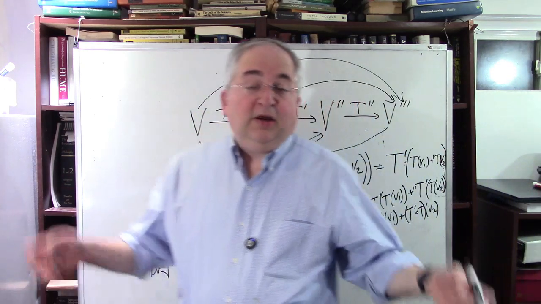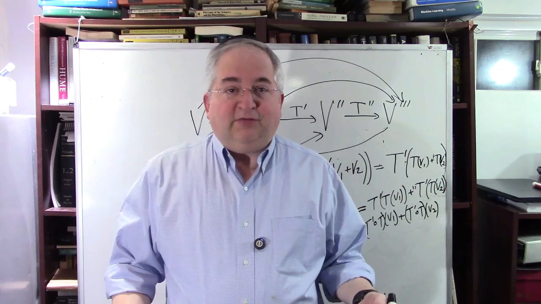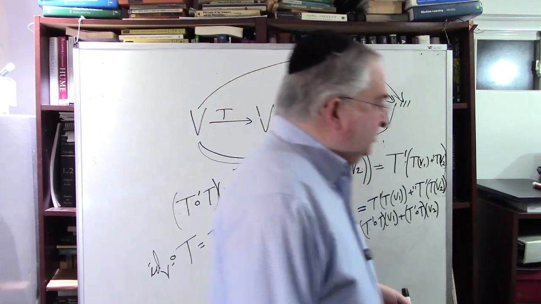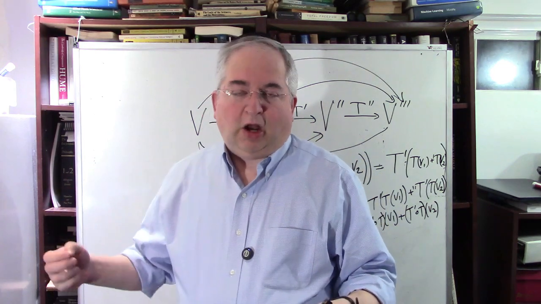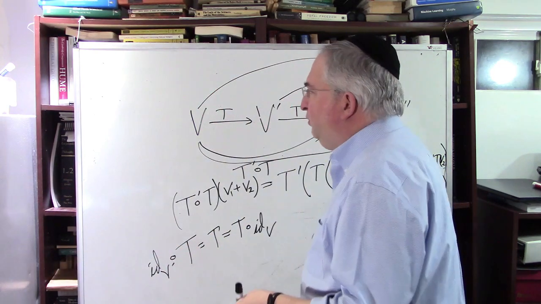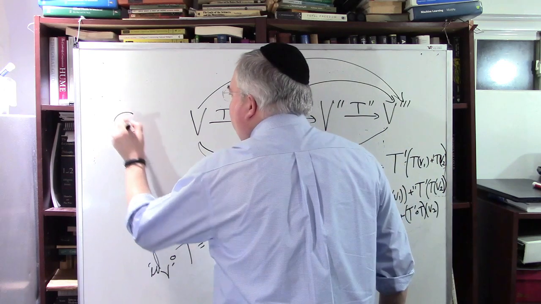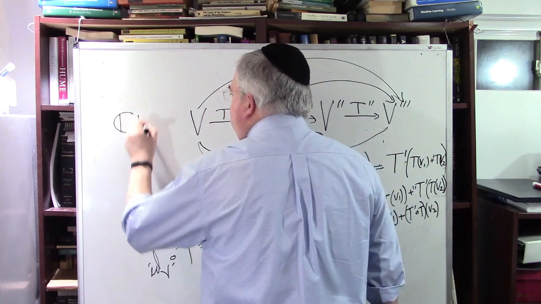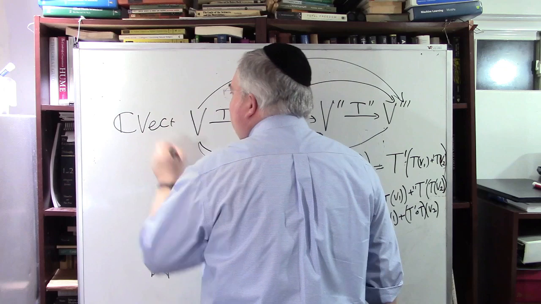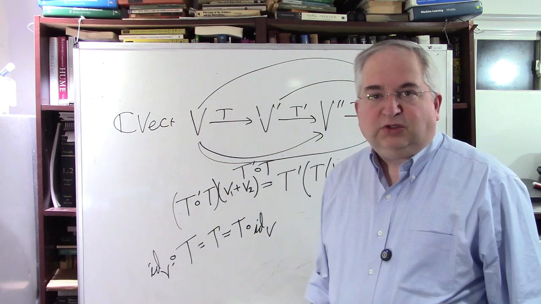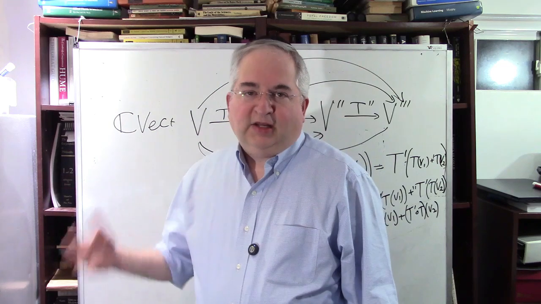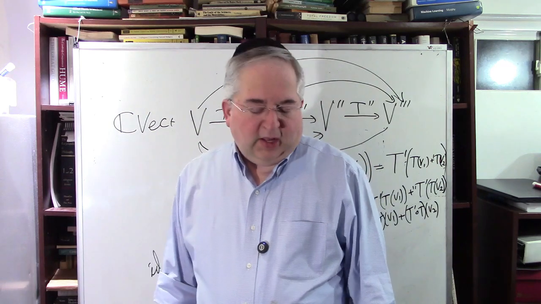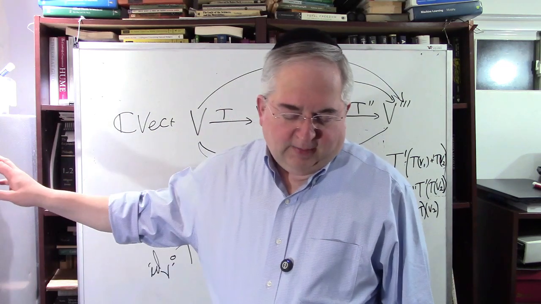And finally, we can make a nice definition. You ready? So the linear transformations are associative and they satisfy the unit rule. Conclusion, there is a category called CVect. The objects are complex vector spaces. The morphisms are linear transformations, and it's a totally legitimate category. Let's talk a little bit about some of the properties about it.